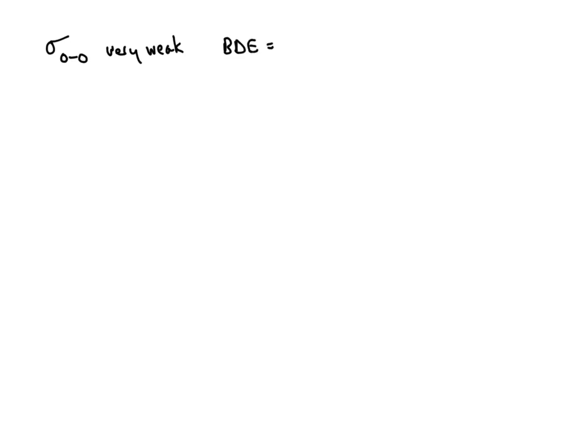So the bond dissociation energies are about 38 kcals per mole. And they can cleave to produce alkoxy radicals. And so when an acyl group is added to the peroxide, in acyl peroxides, the bond dissociation energy is lowered even more to 29 kcals per mole.